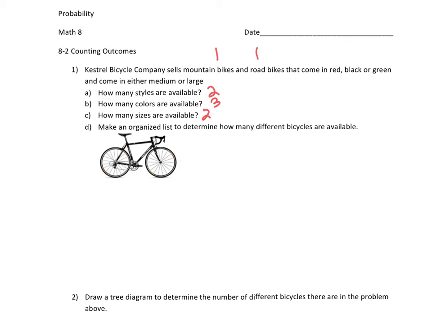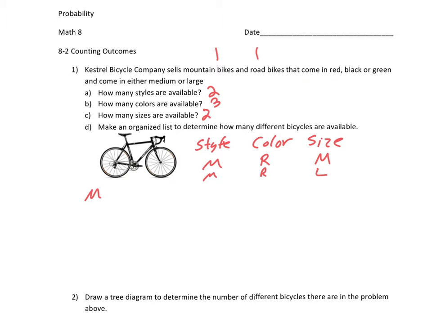So if I start off with, let's say, my mountain bikes, and I'm going to call this M. And actually, if I make it organized like this, where I have the style, and I have the color, and I have the size, make an organized list like this. So my style is a mountain bike.